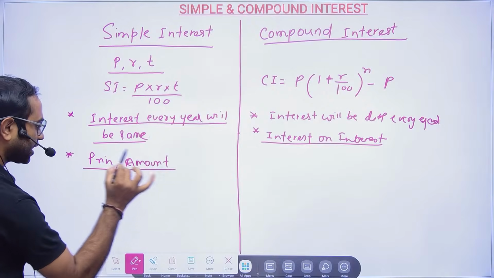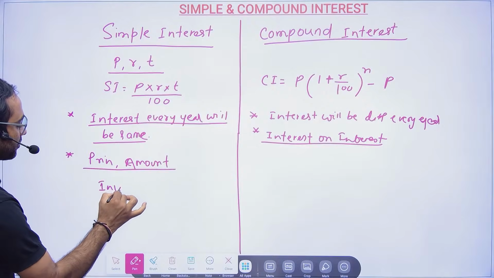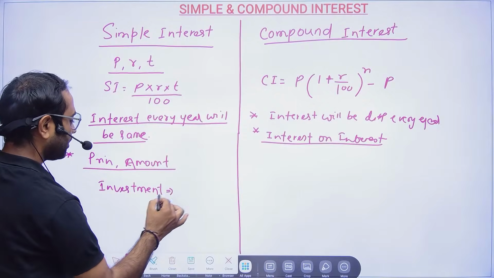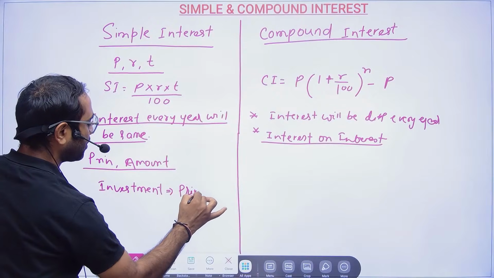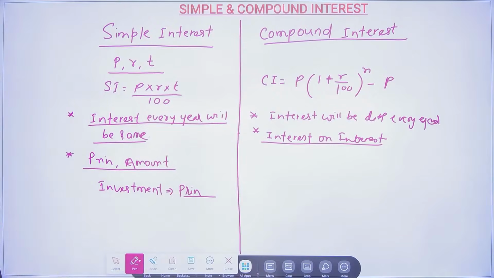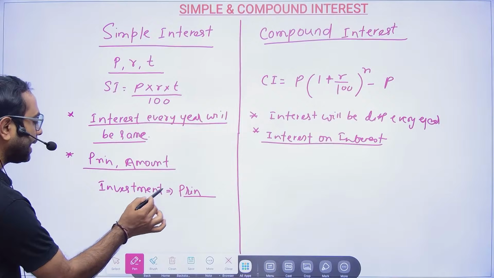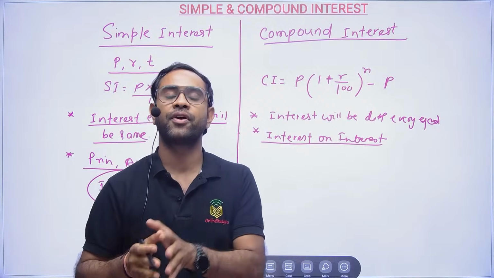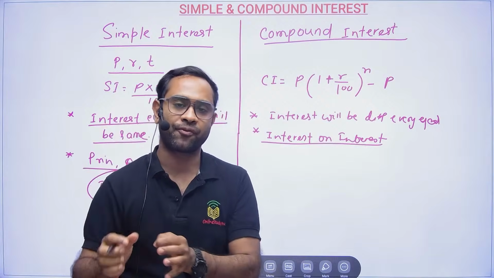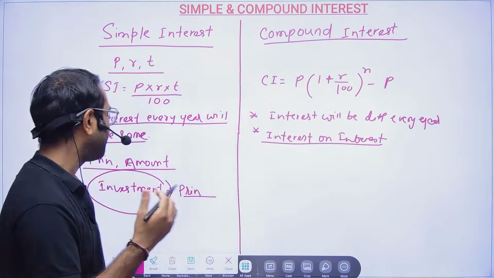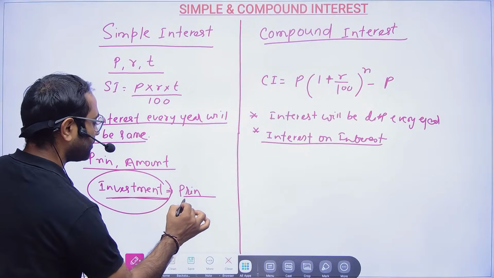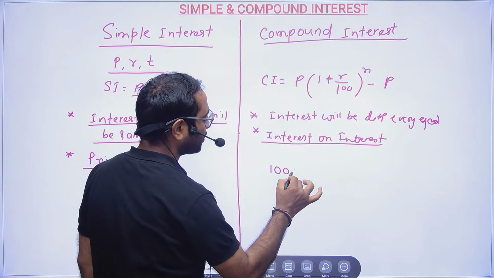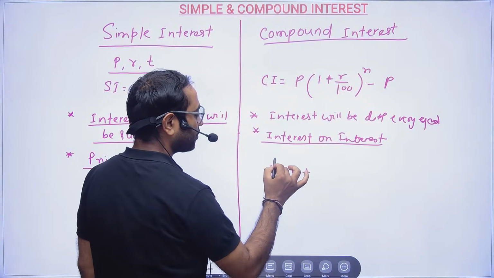Keep in mind, any kind of investment will always be your principal. Like Mr. A invested a sum of an amount, any kind of investment will always be your principal.